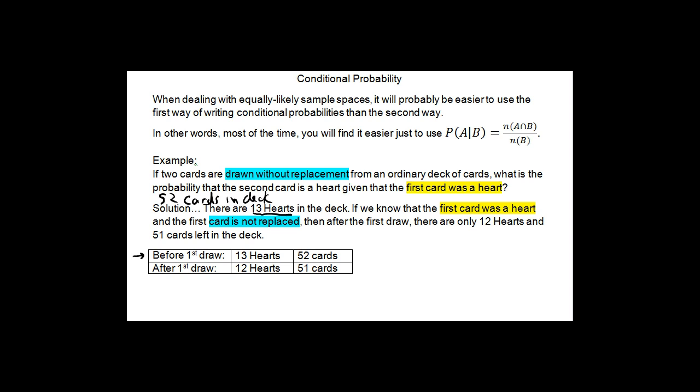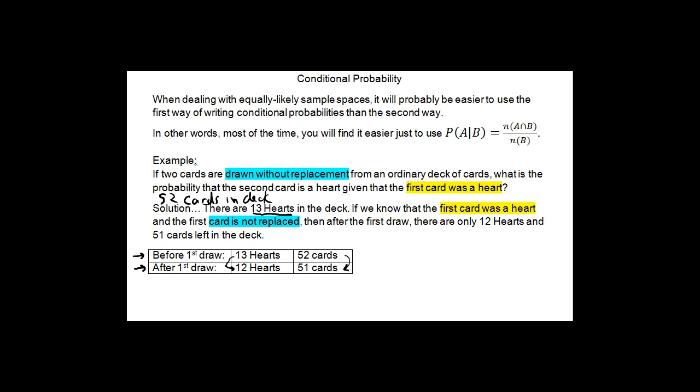But if I know that the first card was a heart, after that first draw, the number of hearts went down to 12 because I drew one out, and the number of cards went down to 51. So after that first draw, but before the second draw, I no longer have a deck of 52 cards with 13 hearts. I have a deck of 51 cards with 12 hearts.